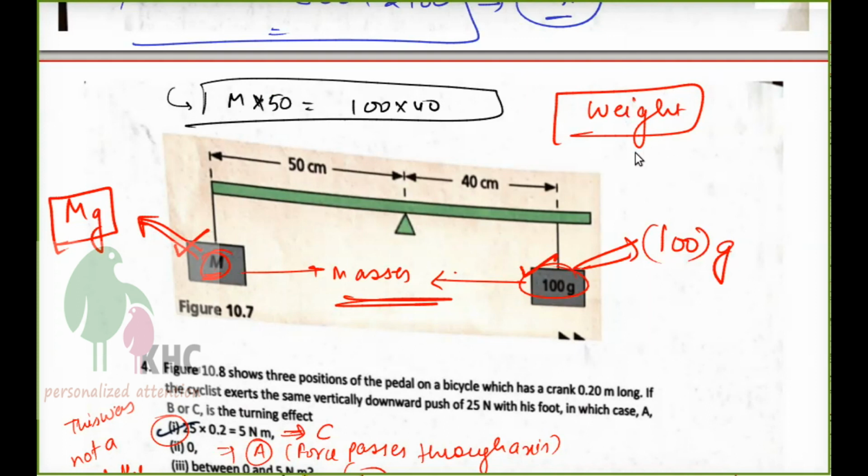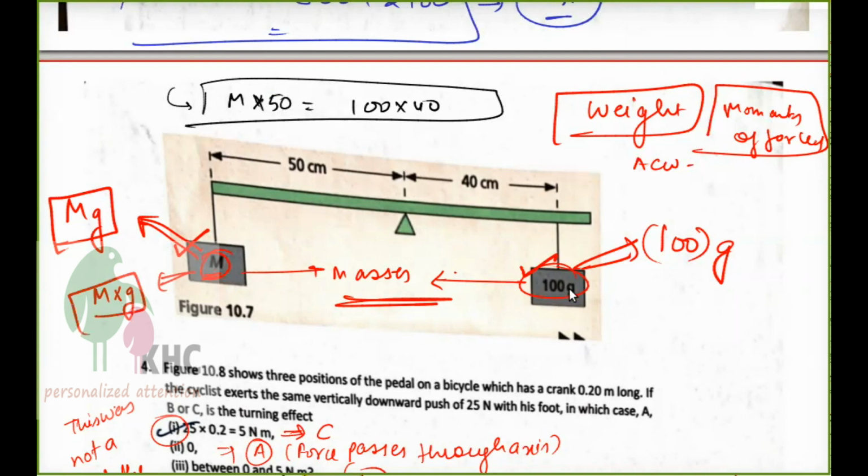Because whenever we write anti-clockwise moments equal to clockwise moments, we write moments of forces. So actually you have force as mass multiplied by acceleration due to gravity, and force as 100 multiplied by acceleration due to gravity, and then you take mg multiplied by 50 equal to 100g multiplied by 40.